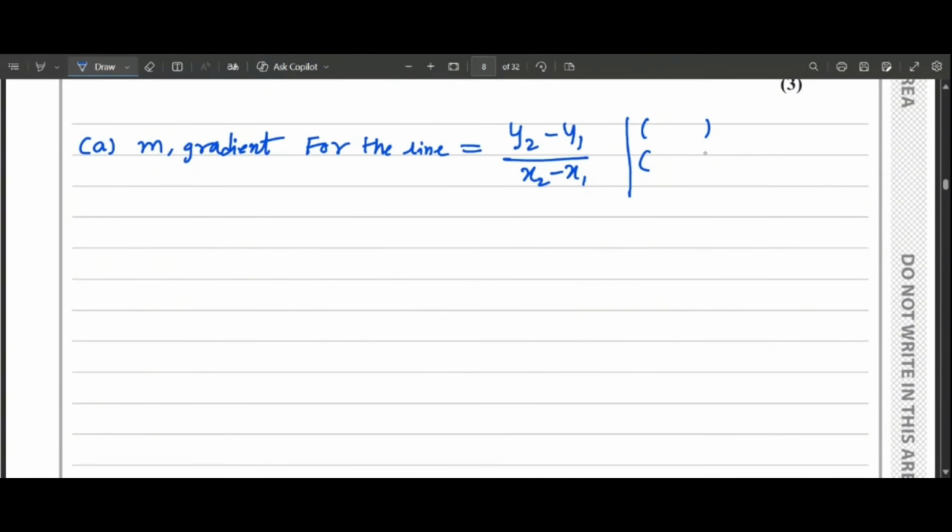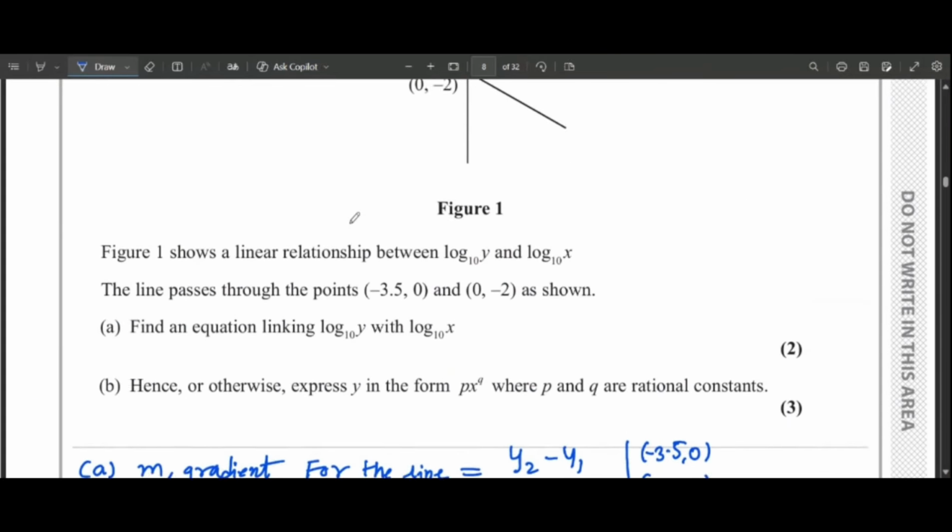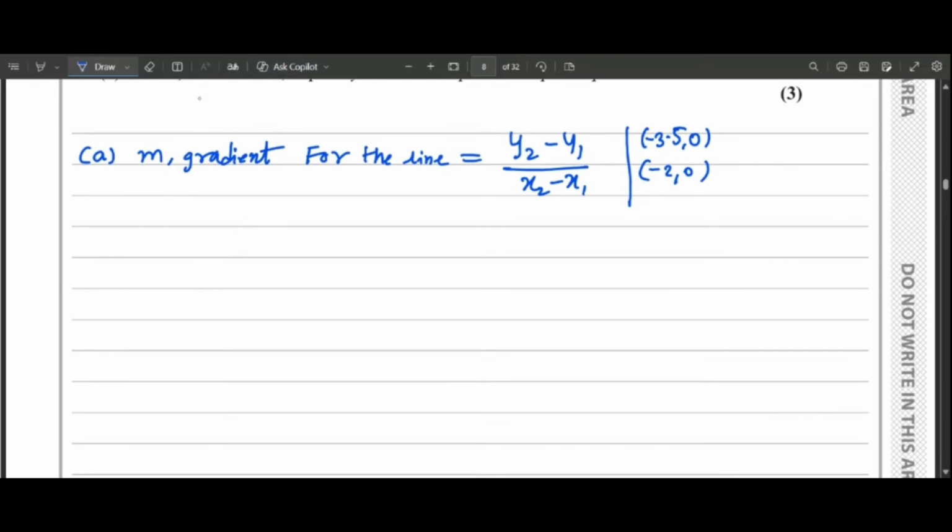To calculate the value of the gradient, I will use two different points on the line which are given: (-3.5, 0) and (0, -2). These two points will be used to find our gradient.